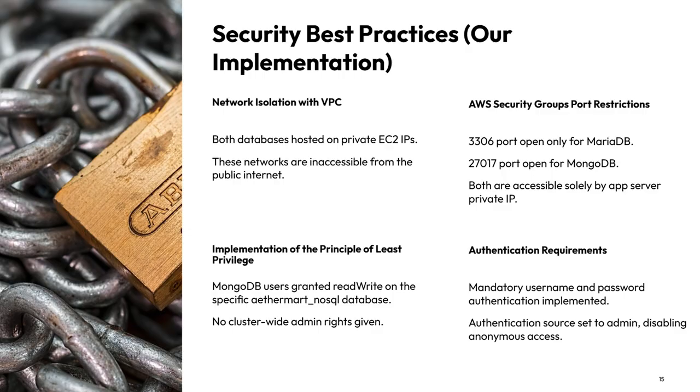Least privilege: both the student user and the AetherMart user, the users that we were using, were granted only the minimal permissions required for the respective databases, severely limiting the damage a compromised account could cause.